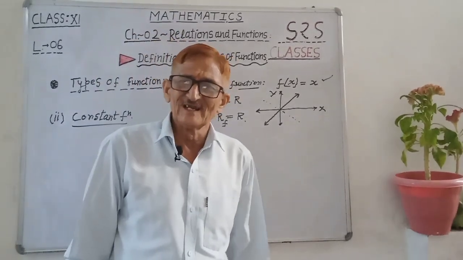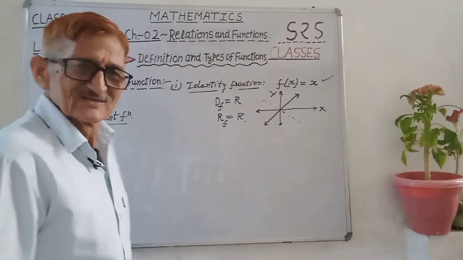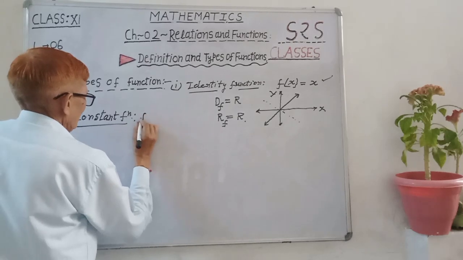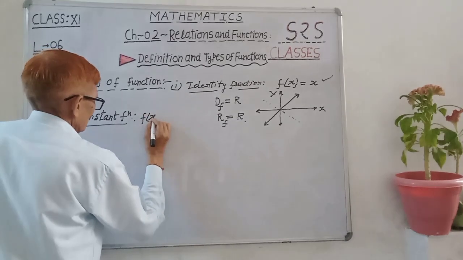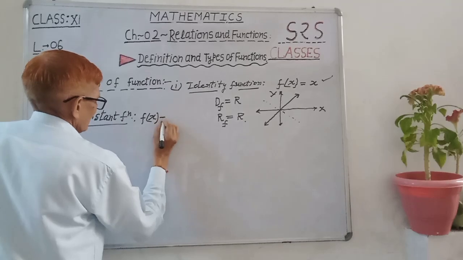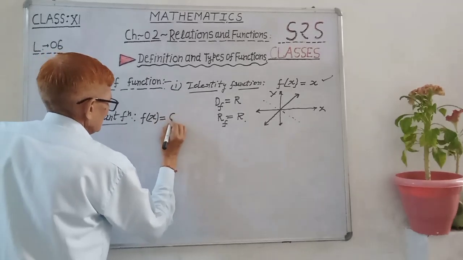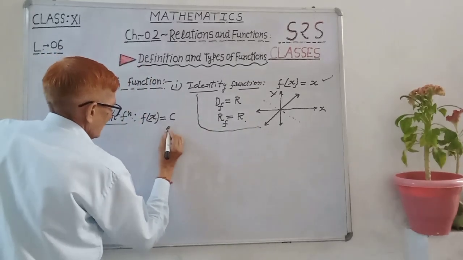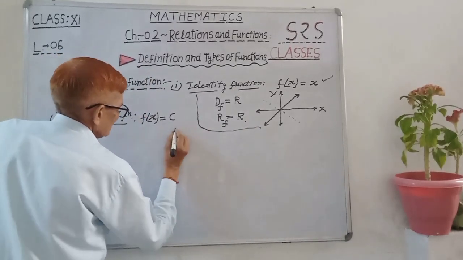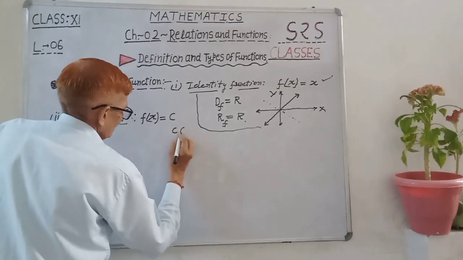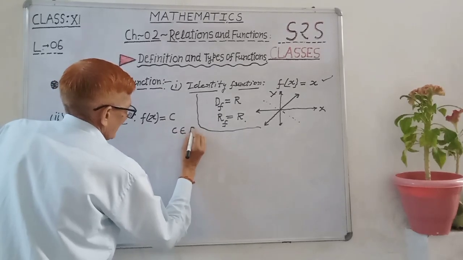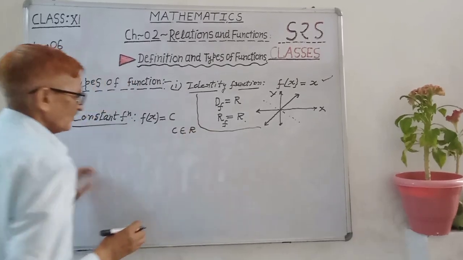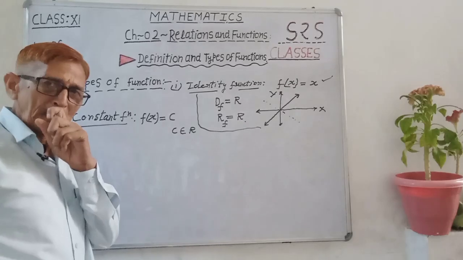So f(x) = c, where c is any constant belonging to the real numbers. But zero is excluded.